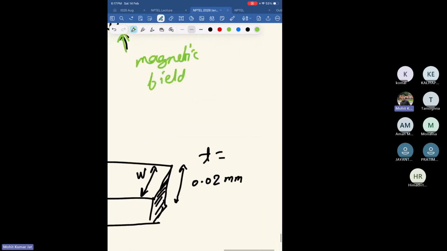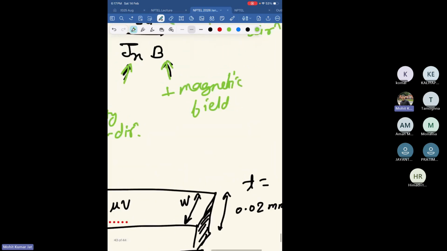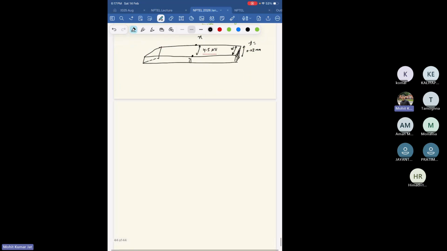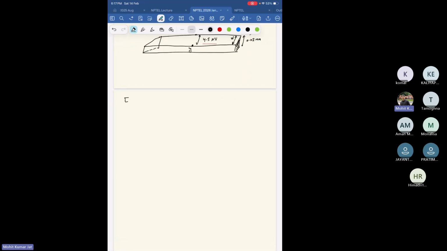B is the perpendicular magnetic field. So if I ask you how to write Ey, you will say that Ey is nothing but Vxy by whatever the width is.